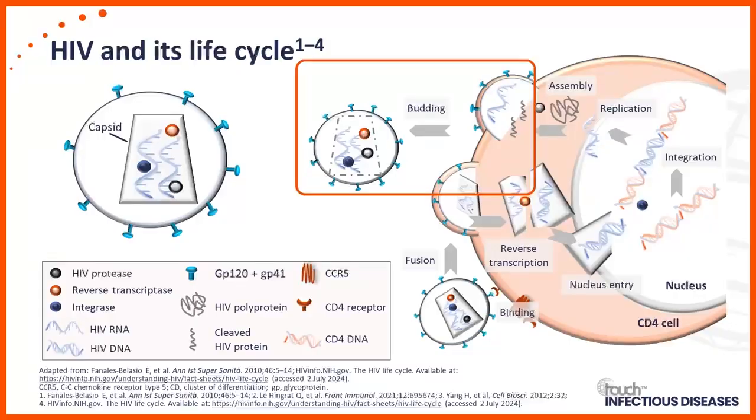site at the cellular membrane, and this results in a viral budding with the polyproteins, the GAG polyprotein, the GAG-pol protein, loosely packed into this budding virus. This is the moment when the viral protease becomes active.